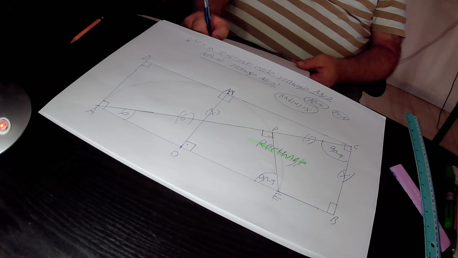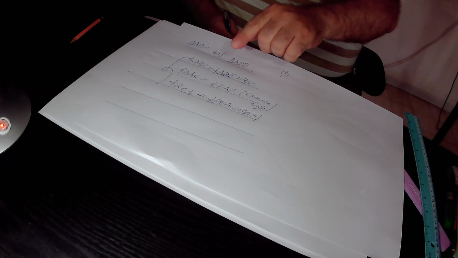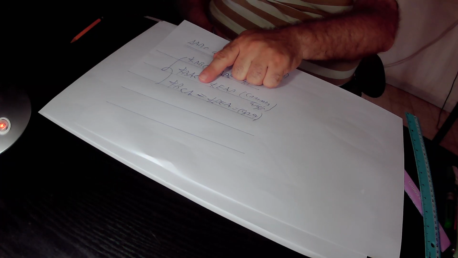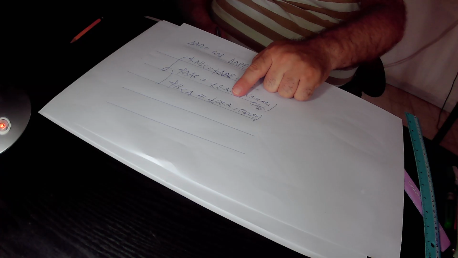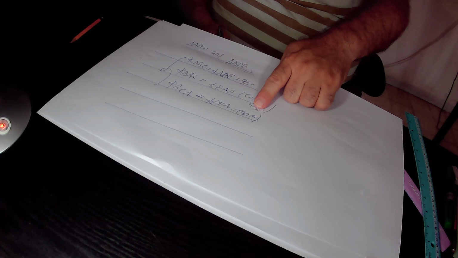So repeat again. Angle BCA in the big right triangle ABC is equal to angle PEA in the small right triangle APE. They are both equal to 90 degrees minus alpha, therefore they are equal to each other.